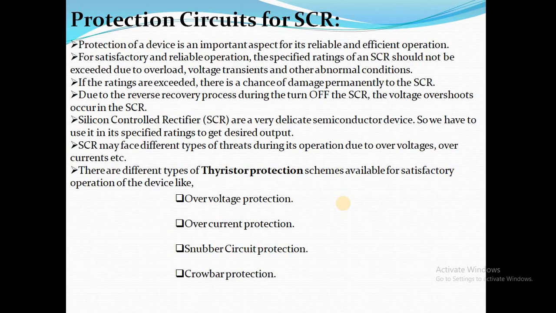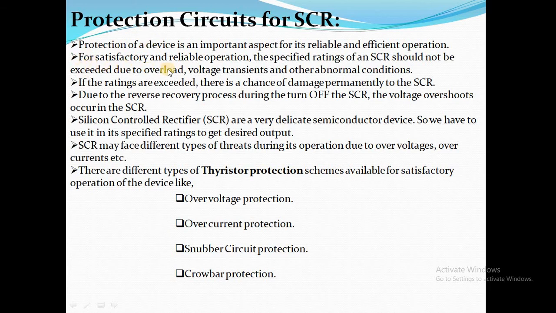To transfer that heat to the atmosphere, heat sinks play a very important role. So in that circuit, a heat sink is one type of protection device. In the same manner, to maintain the temperature within the operating region, we use heat sinks for SCRs. To get efficient operation of thyristors, the protection devices are very important.